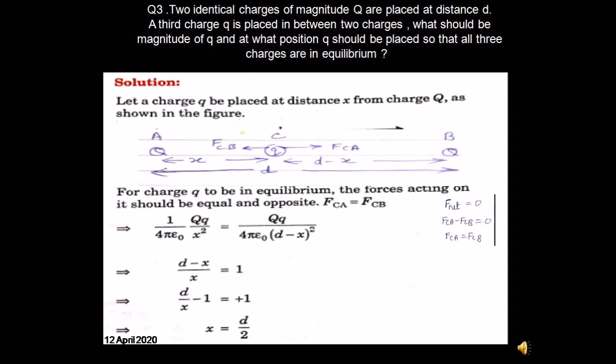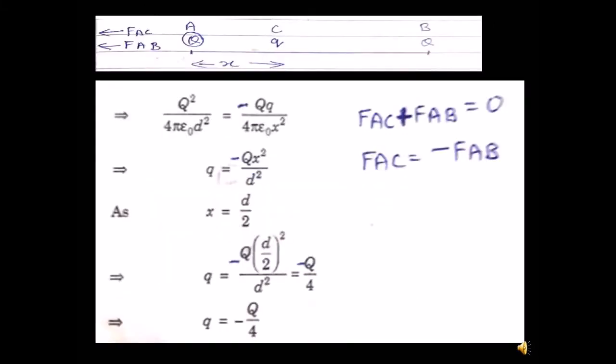Now in the same manner we can find the magnitude of small q also, which is the second question. To find the second part of the question, we have to take any other charge in equilibrium.